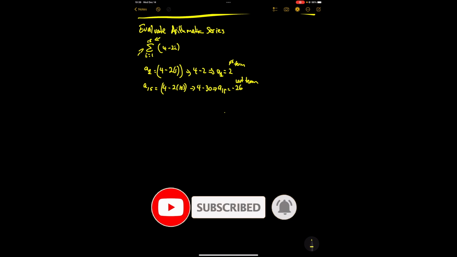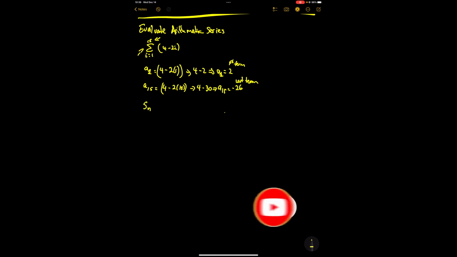What is the formula for an arithmetic series? It's Sn equals n over 2 times (a1 plus an). You see? That's the difference between this and what we did earlier. So now, what is Sn? n is equal to the number of terms. Well, then that means S15 is equal to 15 over 2 times, what is a1? a1 is the first term, which is 2, plus an, which is negative 26.